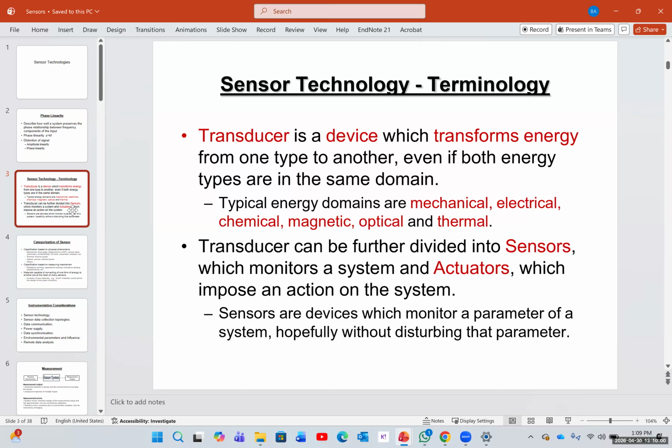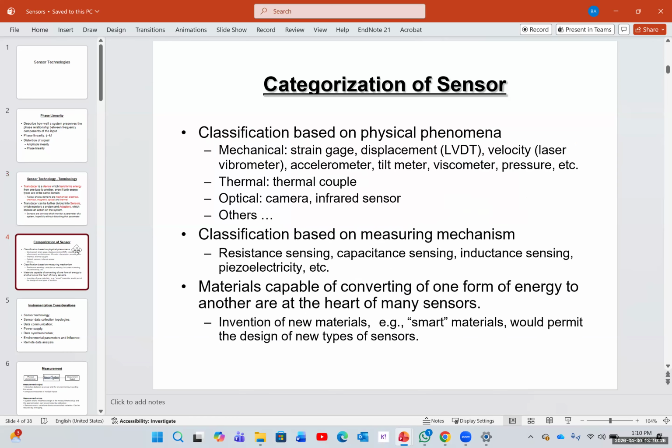Now, transducers can also be further divided into sensors, which monitor a system, and actuators, which impose an action on the system, like switches, motors, and step motors. Sensors are devices which monitor a parameter of a system, hopefully without disturbing the parameters.